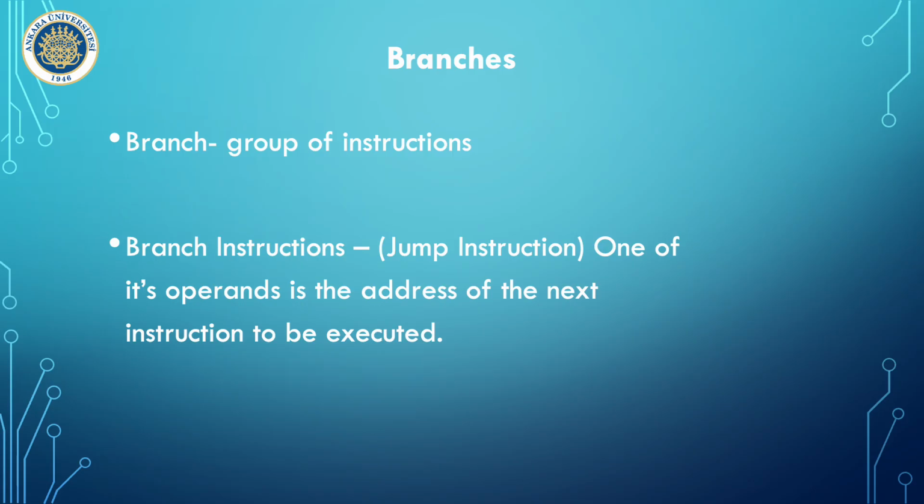When the branch is taken, the program counter is updated to this target, and the next instruction is fetched from there. Without branches, the program would only run in a straight line with no decisions or repetition, which is obviously not enough for real applications.